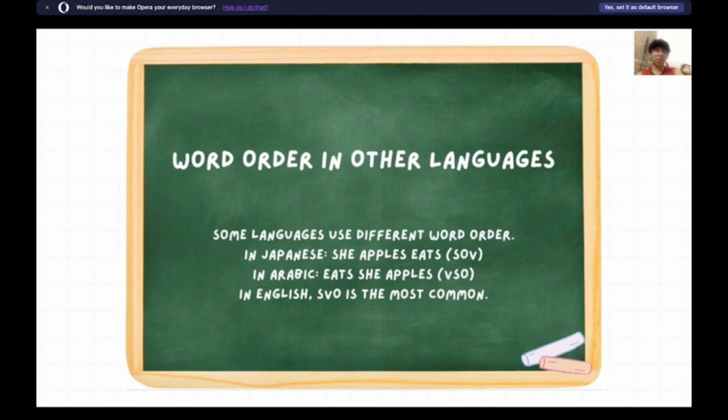That is verb, subject, object, and it's not easy to understand if I don't know the language and someone told you she apples eats. It doesn't make sense. So in English, subject verb object is the most common and correct way to speak.